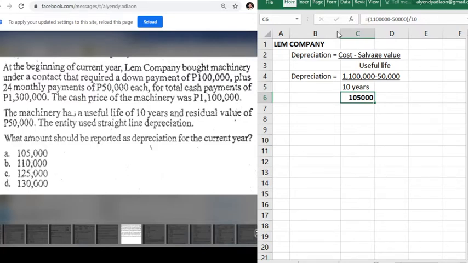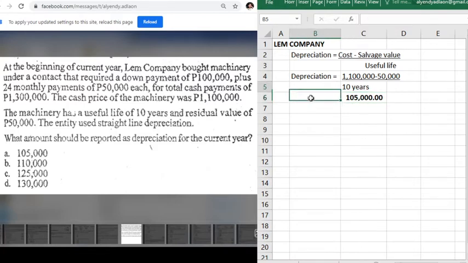So that is letter A. The answer for the depreciation is letter A. I know that straight line depreciation is really easy, and I know also that all the other methods of depreciation will find you easier to answer. So that is for the Lam Company.